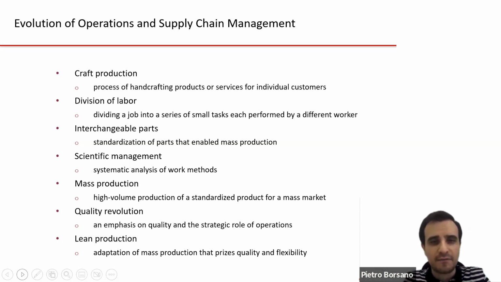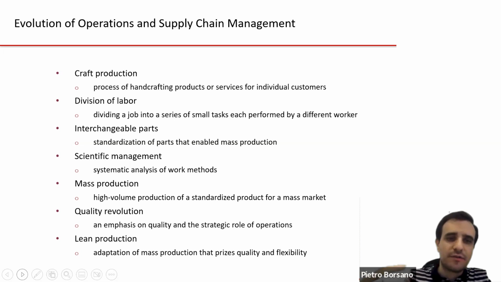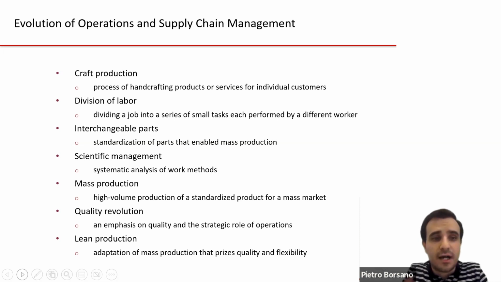This happened at the beginning of the 20th century, especially thanks to an engineer, Taylor, who was the first one to bring scientific methodology into management. And more recently, the quality revolution, which is the consequence of more emphasis on customer demand. This is also tied to the shorter product life cycle and an increased need for customization coming from the market.